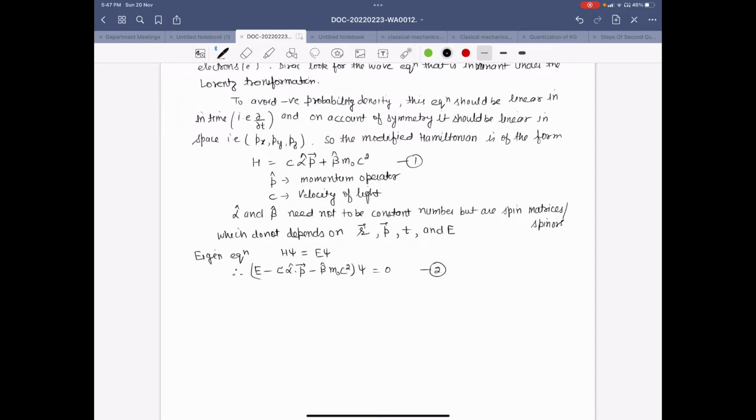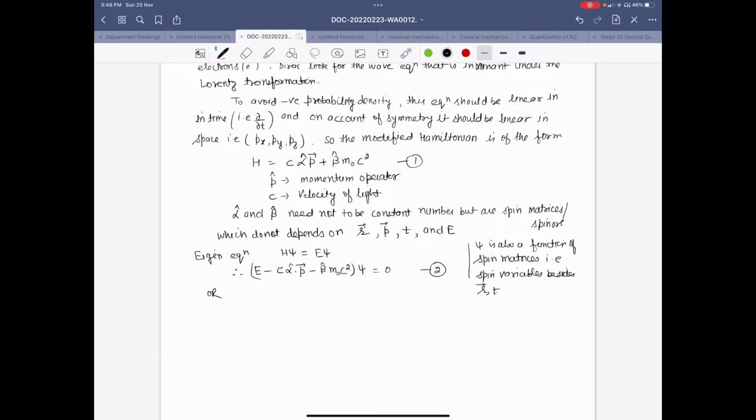Here the interesting factor is your psi is also a function of spin matrices, and we can say the spin variables, besides your R and T.